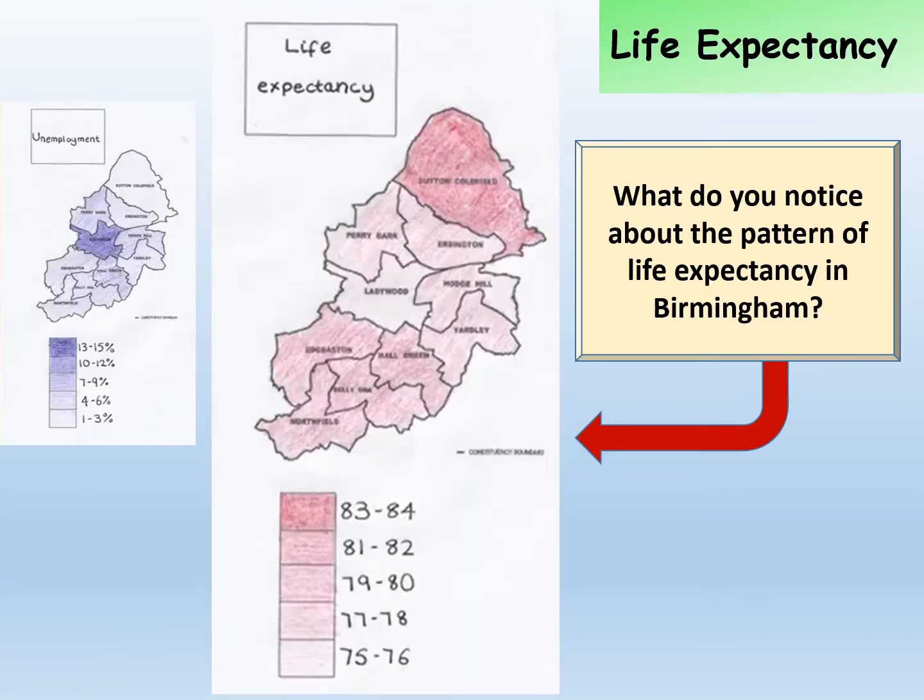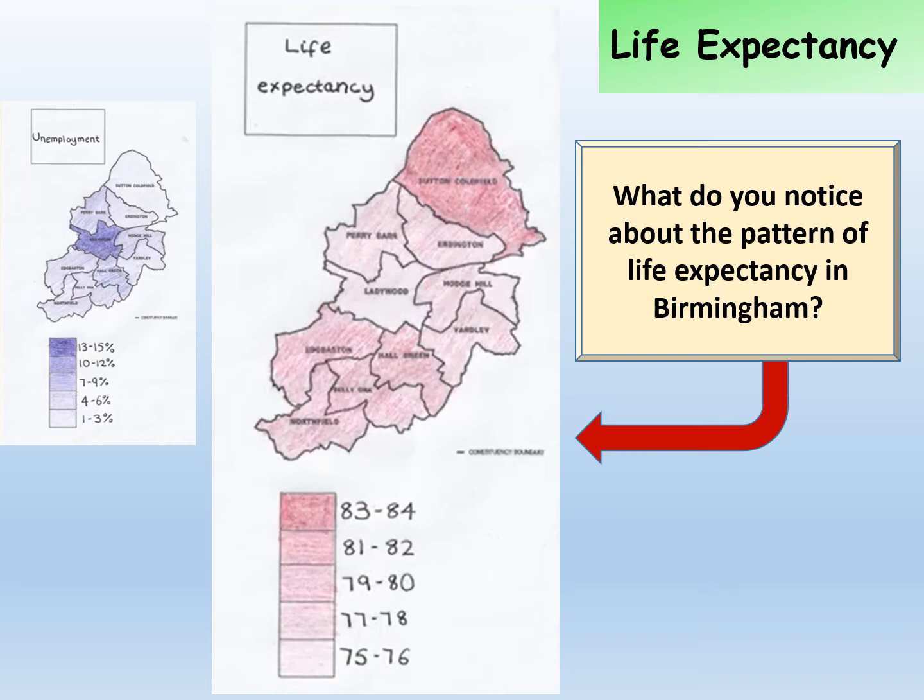If we now look at life expectancy, we can see a similar pattern emerging. So with life expectancy, the darker the areas that are shaded in, the higher the life expectancy. So again, if you look at Ladywood, for example, in the inner city, it's hardly shaded in at all. And the life expectancy, therefore, is between around about 75 and 76. However, if you look in the north at Sutton Coldfield, it's shaded in very dark, and the life expectancy is between 83 and 84.